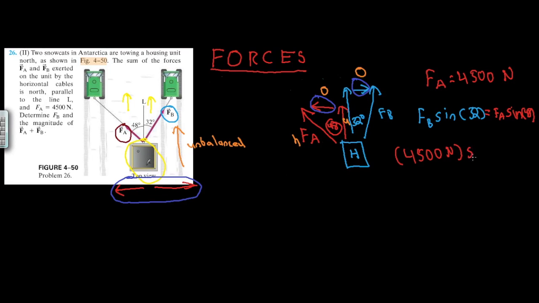And then sine 48 is also a known value, which should equal FB sine 32. Apologize for the messy handwriting. So 4,500 times the sine of 48 is equal to about 3,344. And that's equal to FB sine 32.